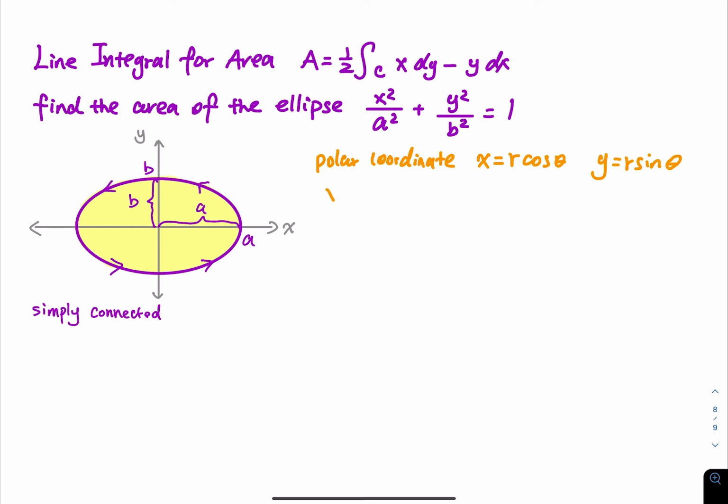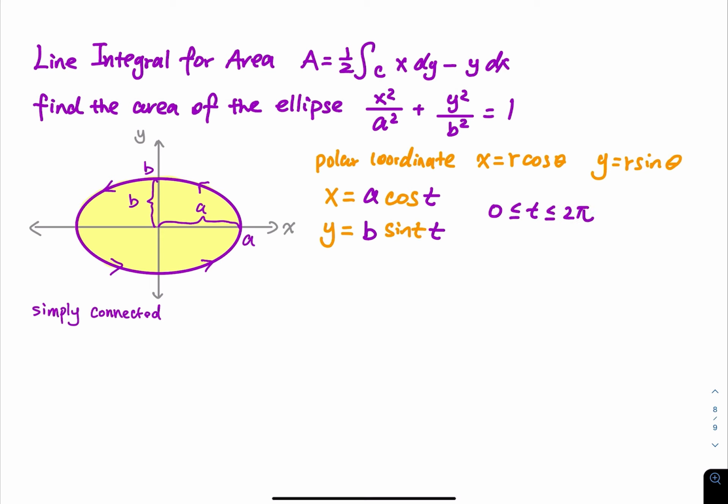So I'm going to have x equals a times cosine of t, y equals b times sine of t. Let's color code that. So this is a, and this is b, cosine of t, sine of t, and this is like a full circle. So I will let t be between 0 and 2 pi.